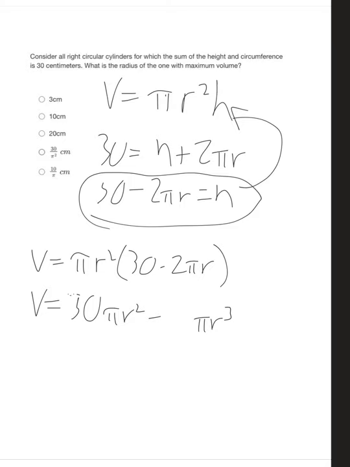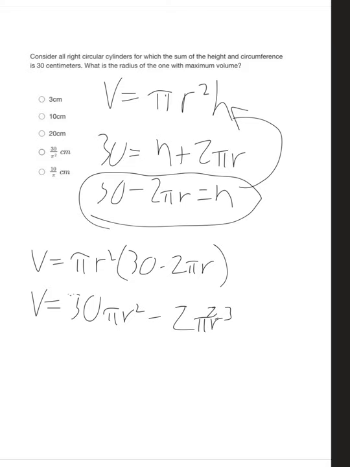If I distribute here, I just get 2 pi R cubed. 30 is not being distributed, but the pi is, so this should actually be squared here with my pi. There we go.